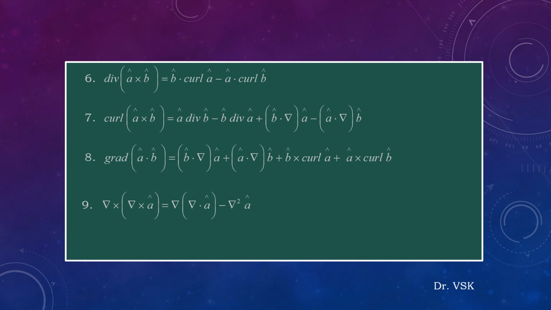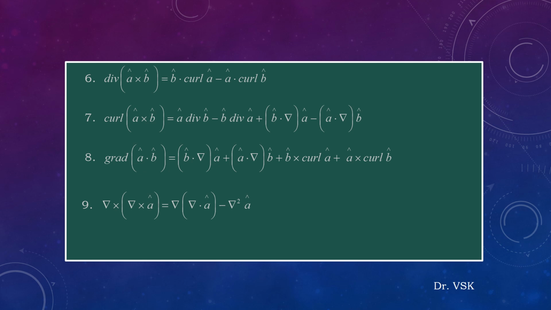Coming to the last, ninth identity, in this identity, take a vector field A cap, find its curl. Curl A cap is a vector field. For this vector field, we cannot find out the gradient. We can find out the divergence and also the curl.